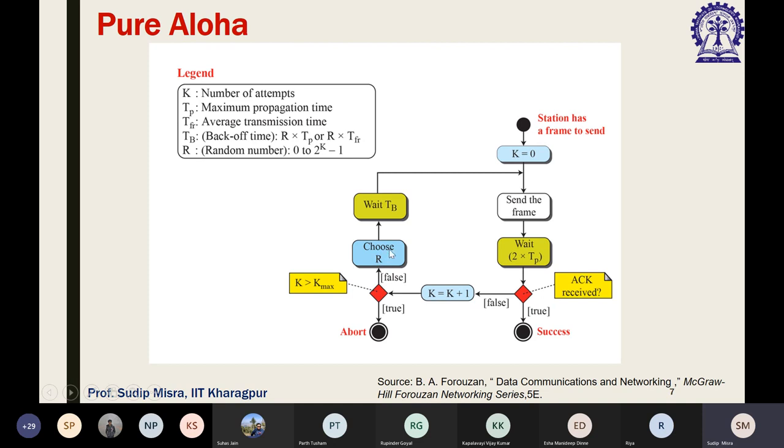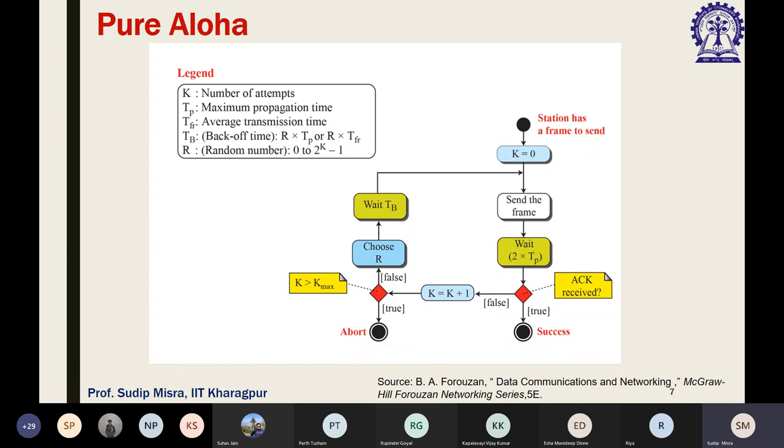Then you multiply that value of r with TP, and the value that you get is going to be the backoff time. So you wait for that duration of time, and only then you try to send the frame. This is what pure Aloha says.